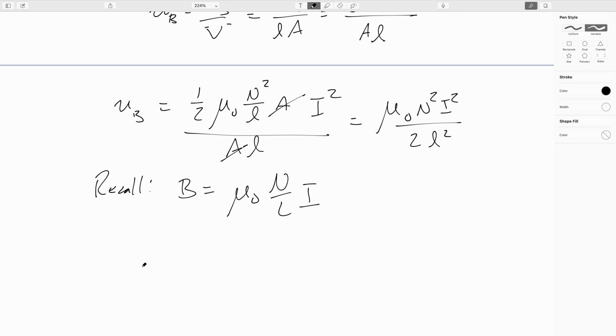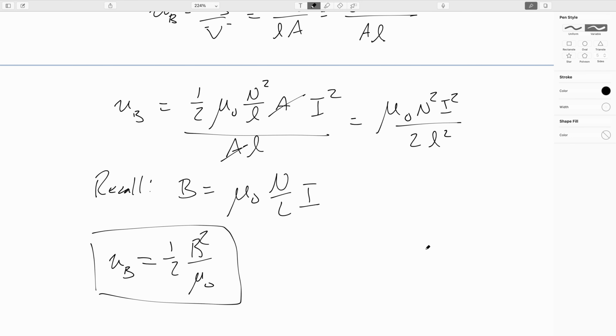So making that observation, we get that our energy density is 1/2 B squared over mu naught. And again, for point of comparison, remember that for the electric field, the energy density was 1/2 epsilon naught E squared.